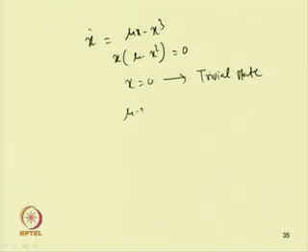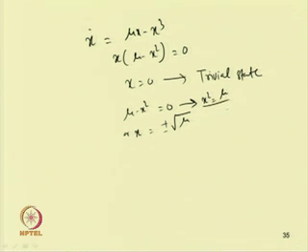And mu minus x square equal to 0, or x square equal to mu, so x equal to plus minus root mu. So, this is the non-trivial response.